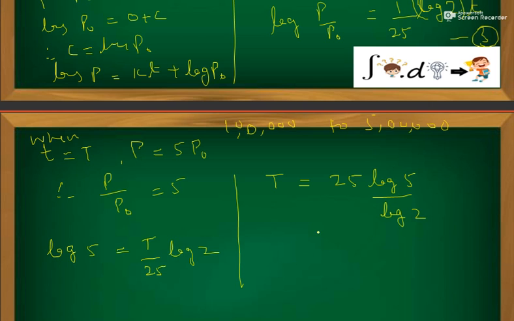Okay, and the value of log 5 you must have noted from the statement, where I told the value of log 5: it was given that log 5 is 1.609 and log 2, its value that is given here, is 0.6931. Therefore on simplification you will get approximately 58.